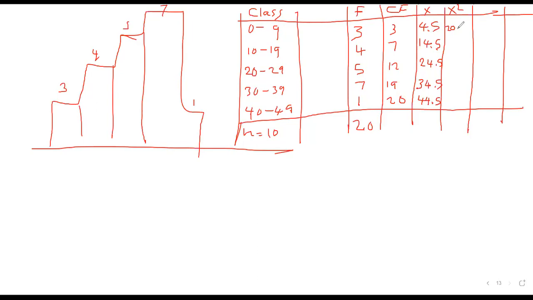Square this one here. Then fx and fx squared. You multiply this one times the f. What are you getting? No, you start with 4.5 times 3. What are you getting?